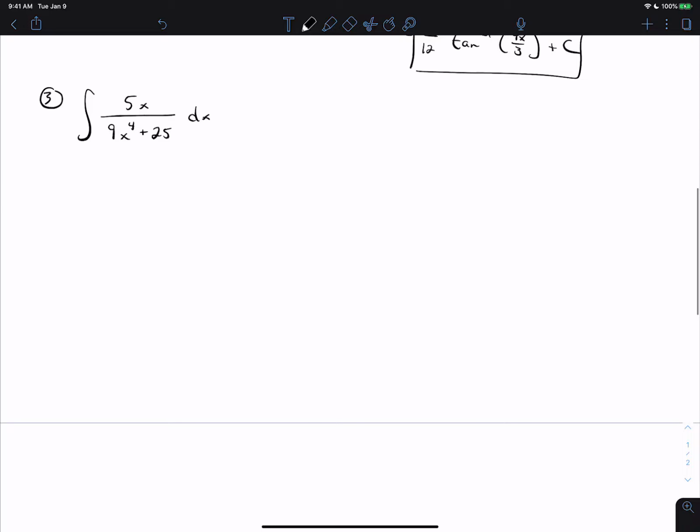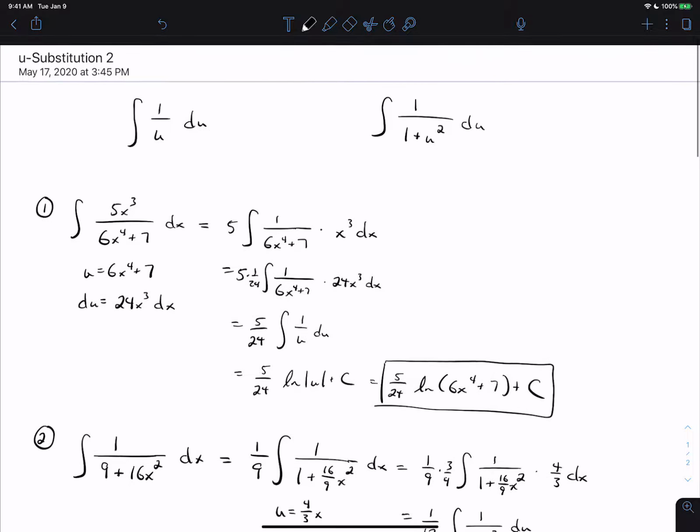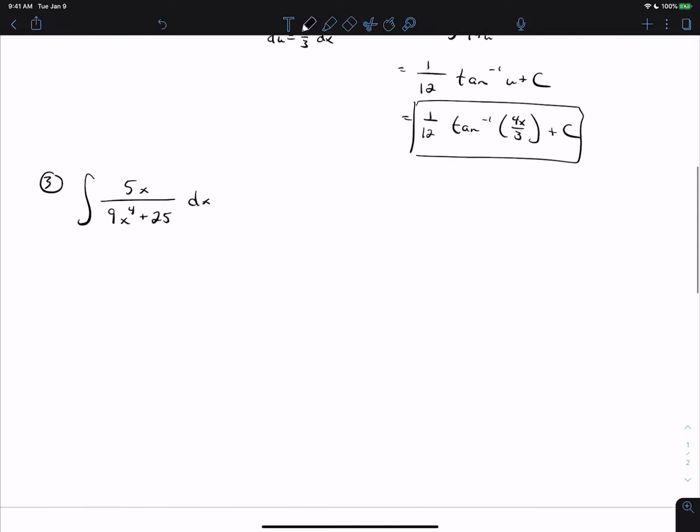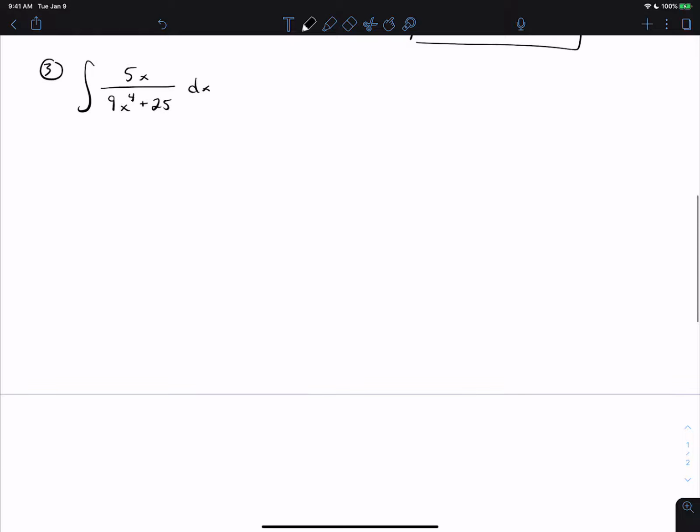Okay, so if we have this problem, again, it looks like the two forms at the top of the screen, 1 over u du and 1 over 1 plus u squared du. I think the easiest approach is to start by attempting 1 over u du, and at least attempting that in your head.